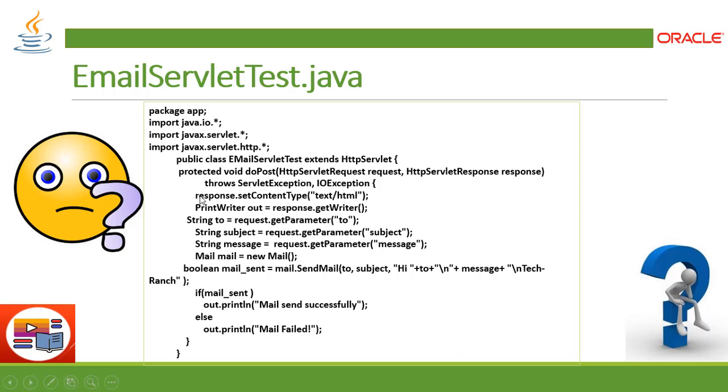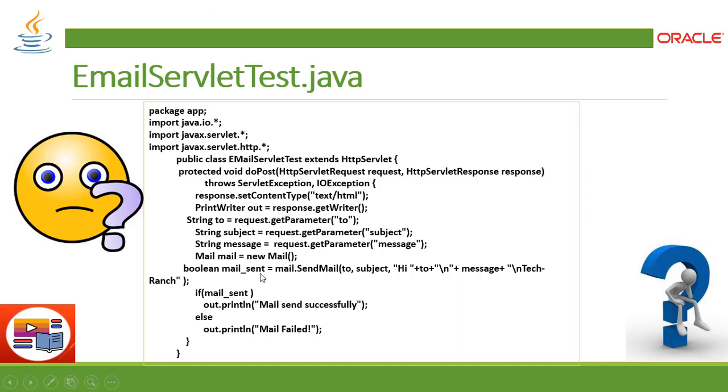Now, String to, this is the to address, which we are going to get from the HTML. Maintaining the session, getting the values using request.getParameter to, subject with getParameter subject, and message with getParameter message. All these three values we are going to get from the HTML. Now here we are making an object of the Mail class.